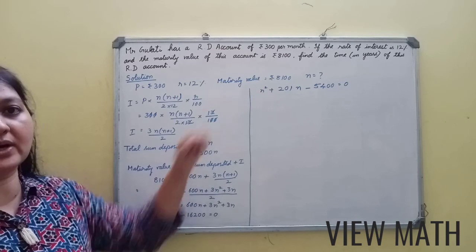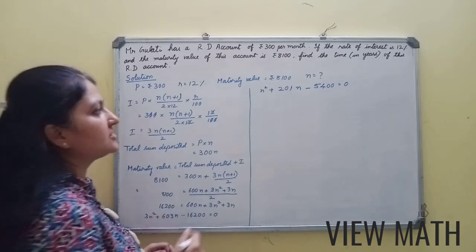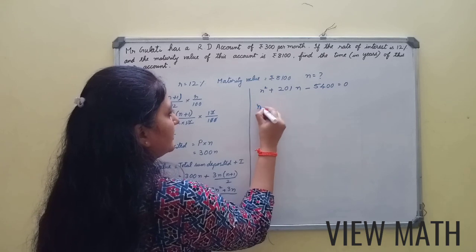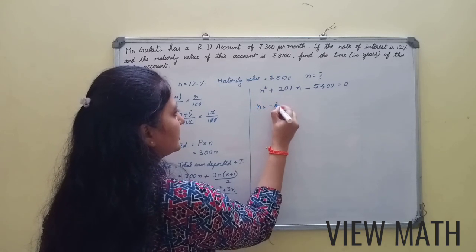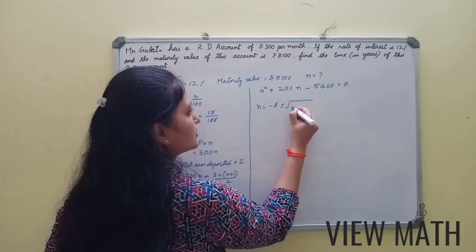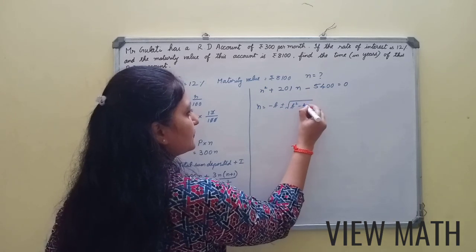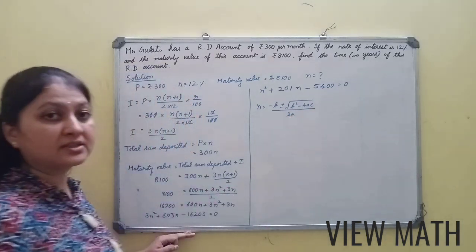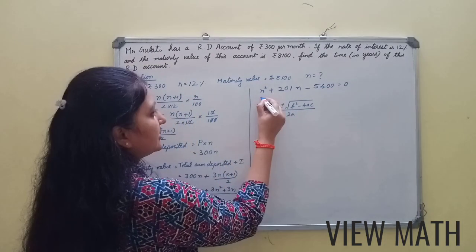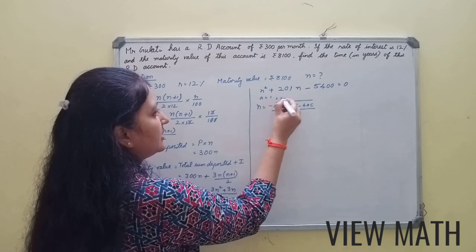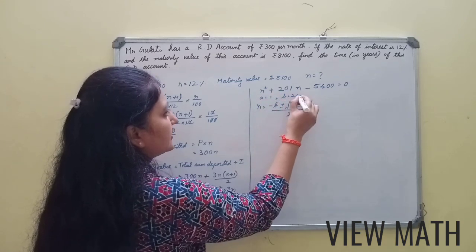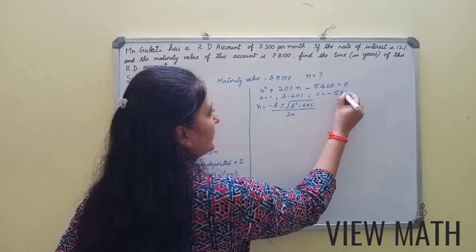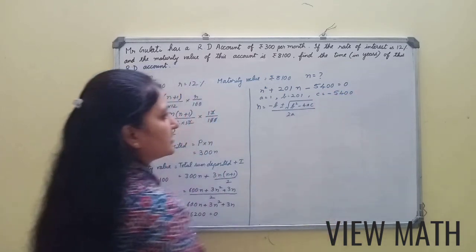Now again this is a quadratic equation. I have to solve the quadratic equation using the formula n is equal to minus b plus or minus square root of b square minus 4ac by 2a. Here in the given quadratic equation, a is equal to 1, b is equal to 201 and c is equal to minus 5,400.